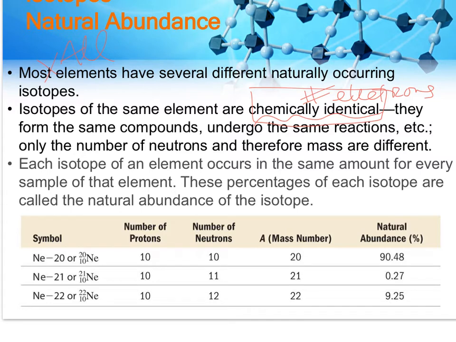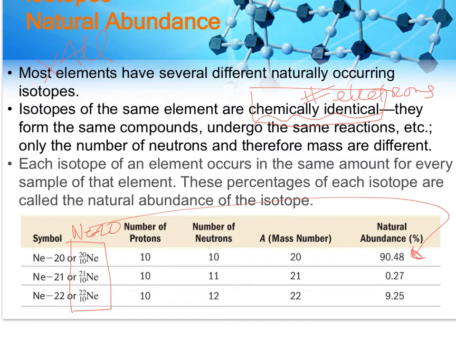So we have multiple isotopes of every element that occur naturally on our Earth, but they don't occur with the same abundance. So, for example, if you look at the 3 isotopes of neon, you'll see that neon-20, okay, is present.